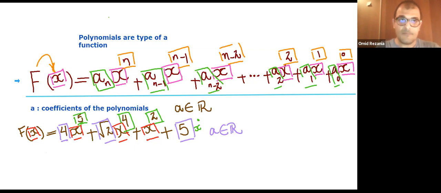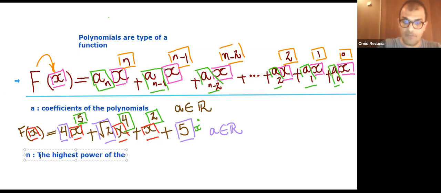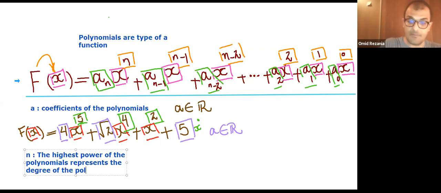Then we are going to say that n, which is essentially the highest power of the polynomial, represents the degree of the polynomial.